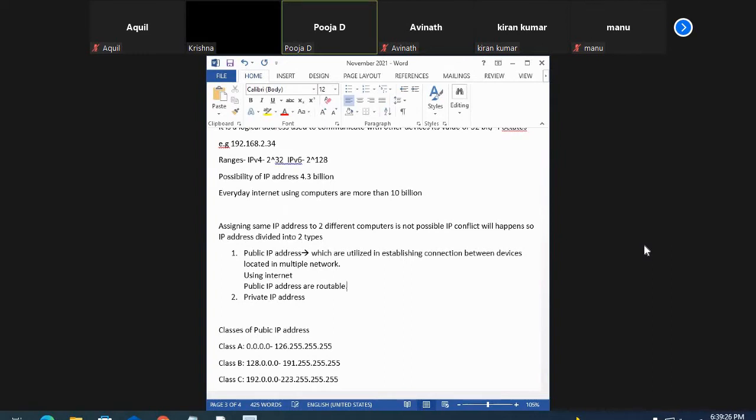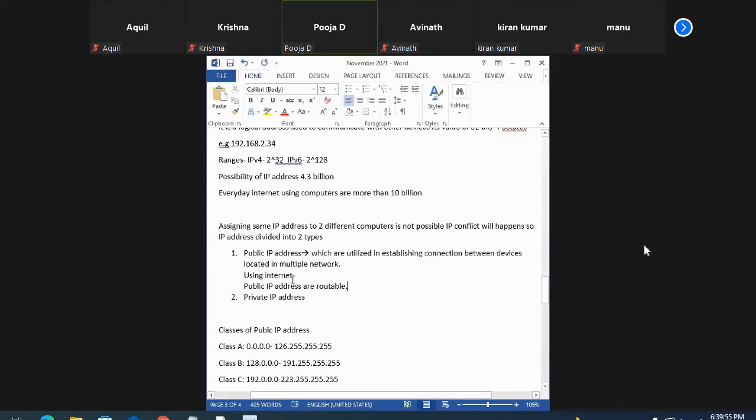Routable means what? Like the example we have taken, you are situated in Hyderabad and I am situated in Mumbai. When you are communicating with me or establishing a connection with me, your router will route whatever packet you are sending to me into the public network, right?